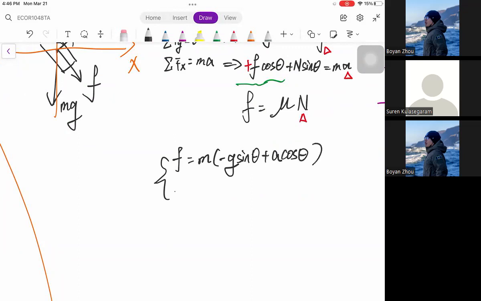So that is for F and that is for N, plus A sine theta.